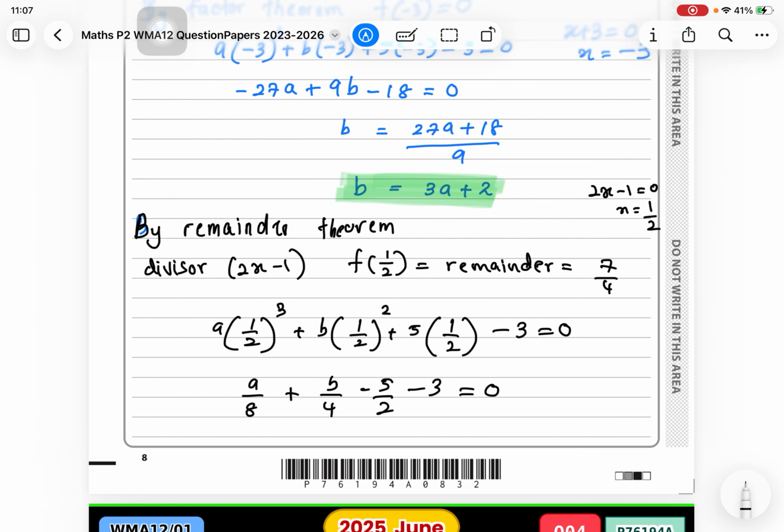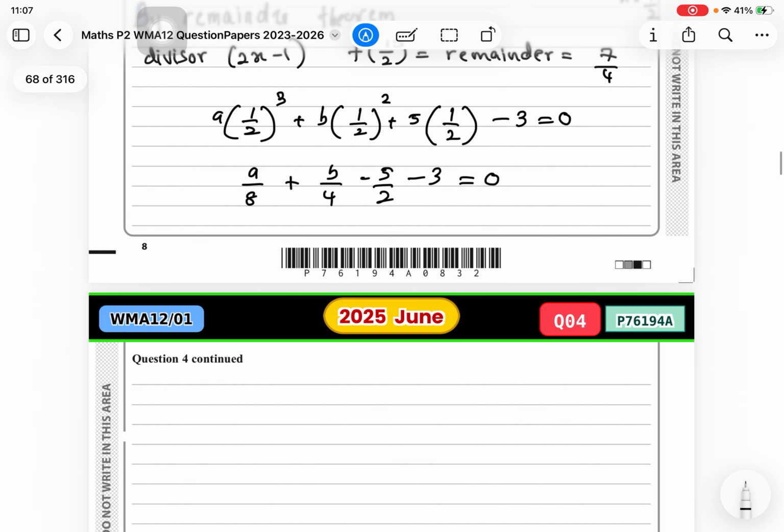Now we can multiply the whole equation by 8 to get rid of these fractions. I think that will make our life easy.